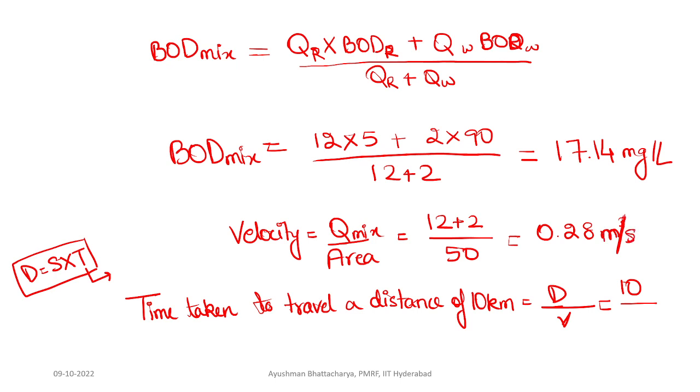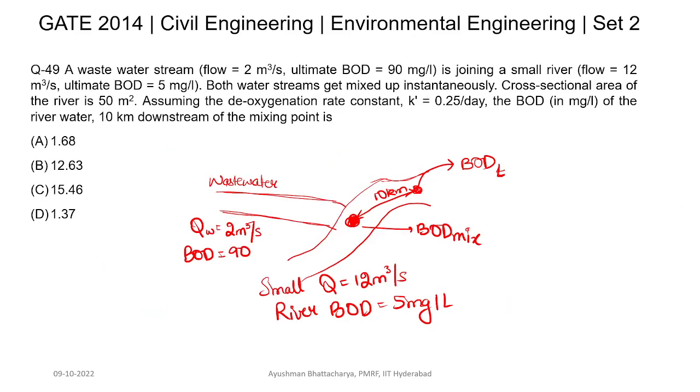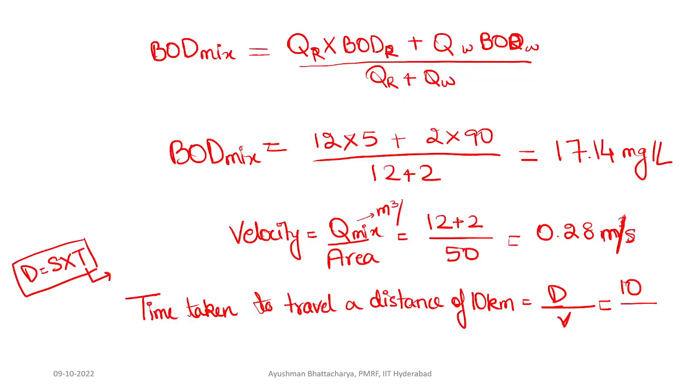Because Q mix is in meter cube per second and the area is in meter square, at the end the velocity comes out to be in meter per second, so 0.28 meter per second. But the distance is given in kilometer, so we have to convert it into meter. 1 kilometer is 1000 meter.